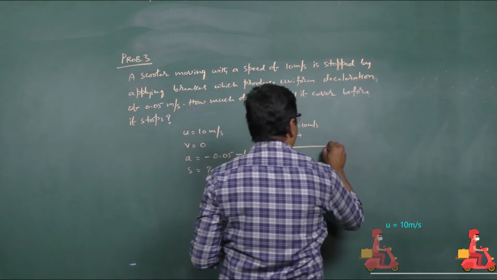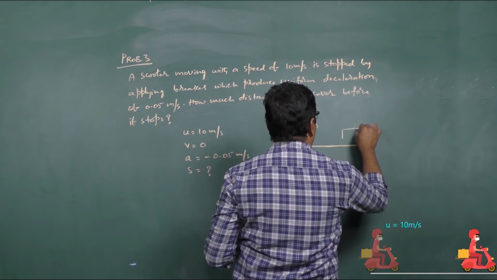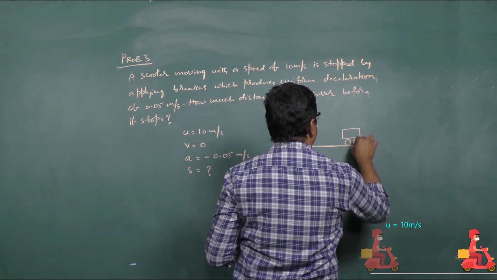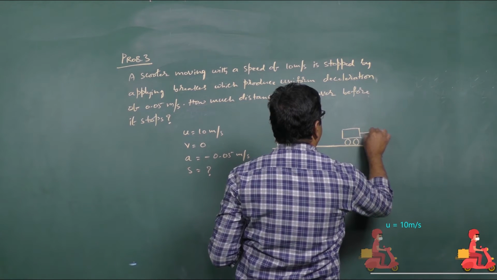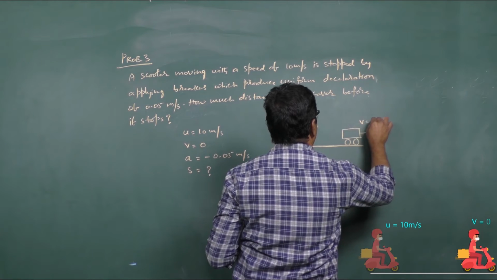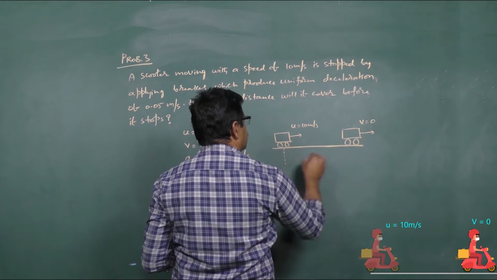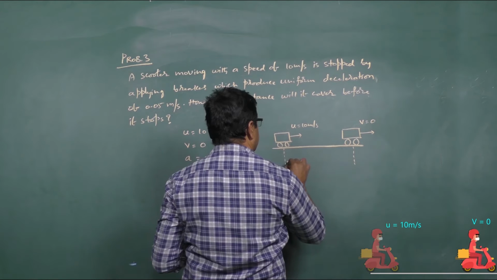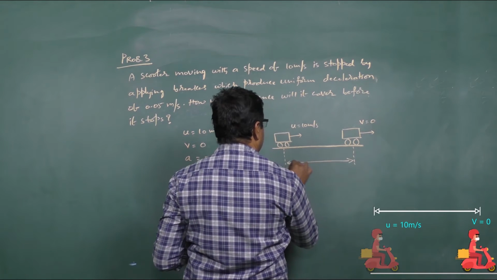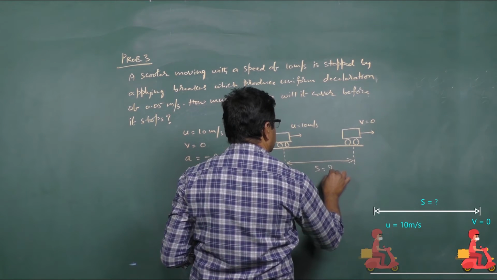So when brakes are applied, it comes to a halt after traveling some distance. So here its final velocity is going to be 0. Meanwhile it is traveling some distance. So what is this distance he is asking?